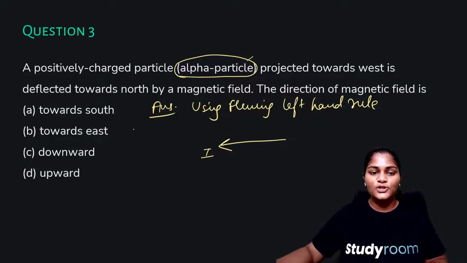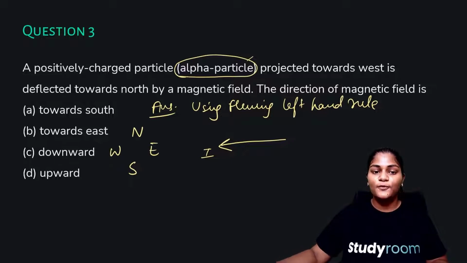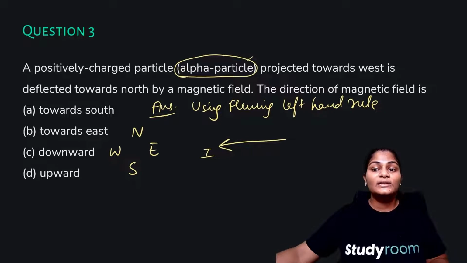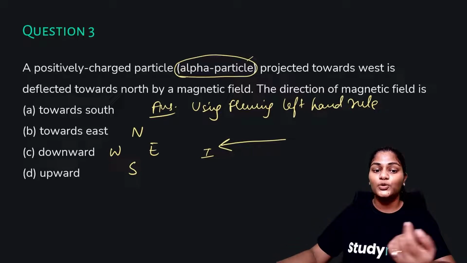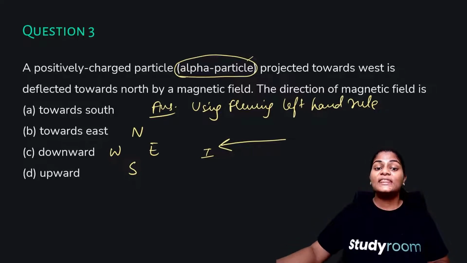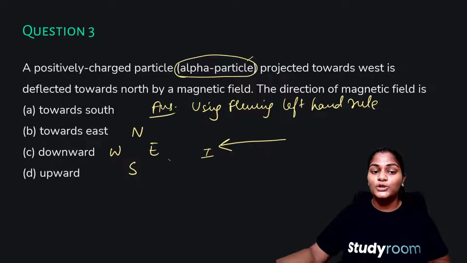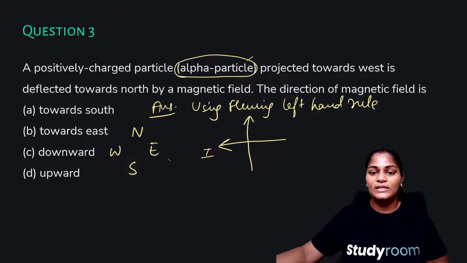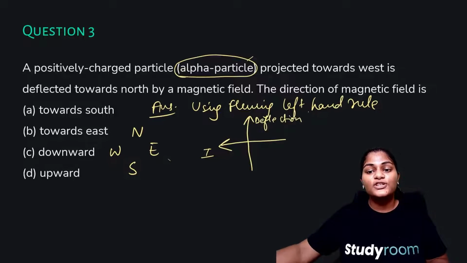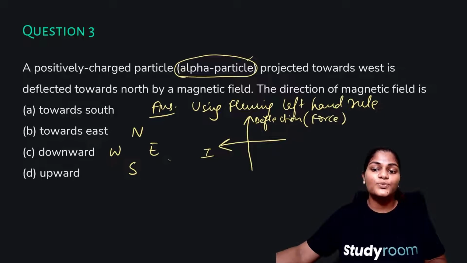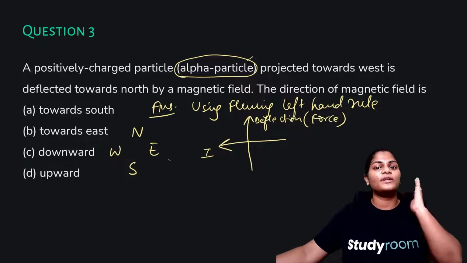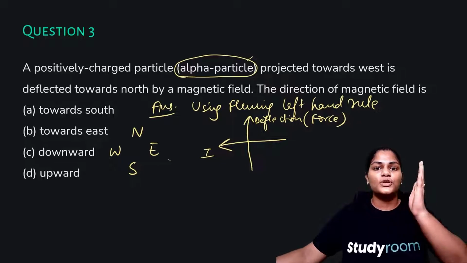So if I draw this, north, south, west and east, these are the four directions. So we were told that the alpha particle is projected towards the west. Okay, great. Then the deflection is towards north, which means the deflection is like this. Now, deflection means the force. This we have deduced, that obviously if the deflection is in that way, the force is also in that way.